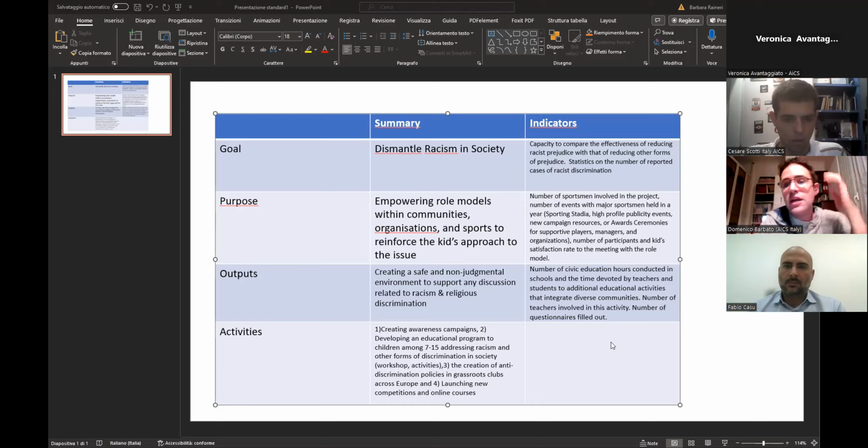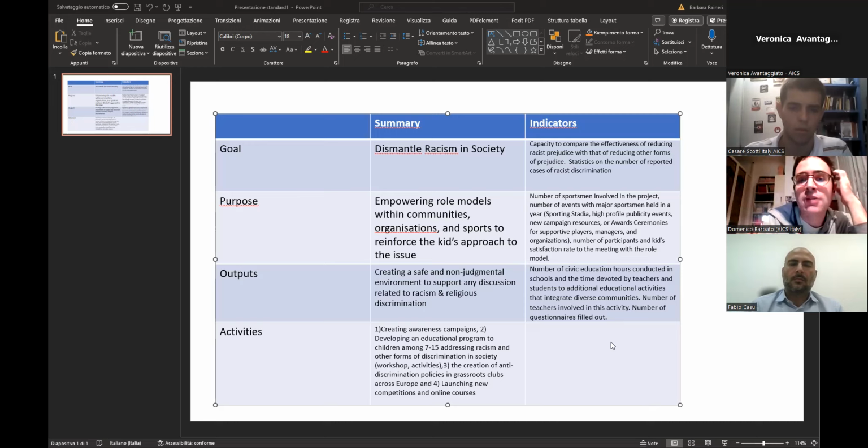Of course, the creation of anti-discrimination policies in grassroots clubs, as I was saying before, the part of refugees, etc. And the last one, launching new competitions and online courses. These activities are for reaching the output of creating a safe and non-judgmental environment to support any discussion related to racism and religion discrimination.